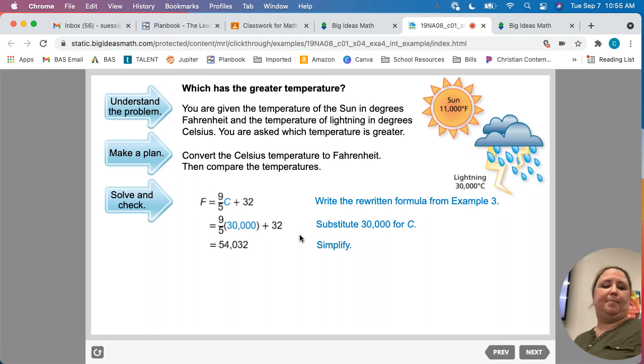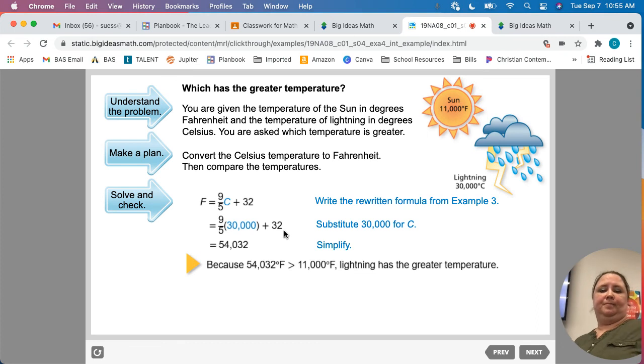And then your last step is to add the 32. Yes, it's 54,032. So the lightning in Fahrenheit is 54,032. Is that bigger or less than the 11,000 of the sun? It is bigger. 54,000 is much bigger than 11,000.